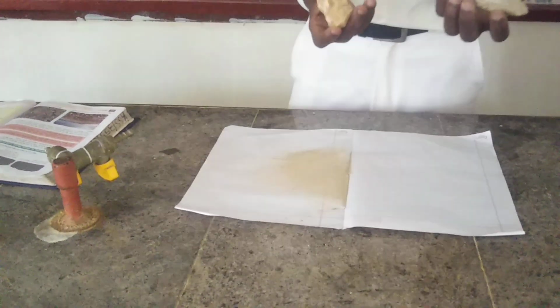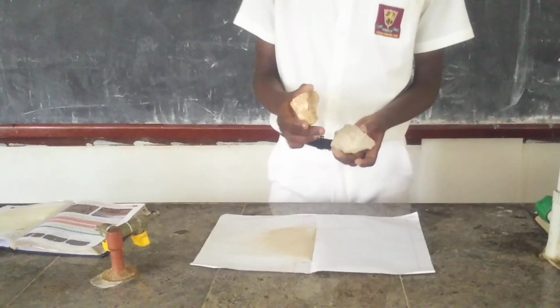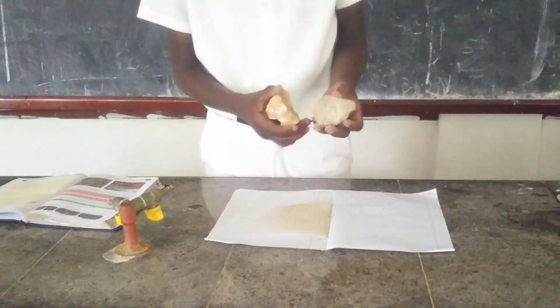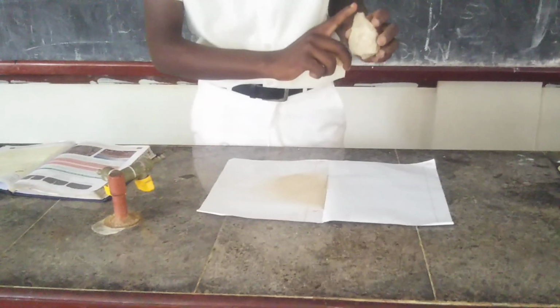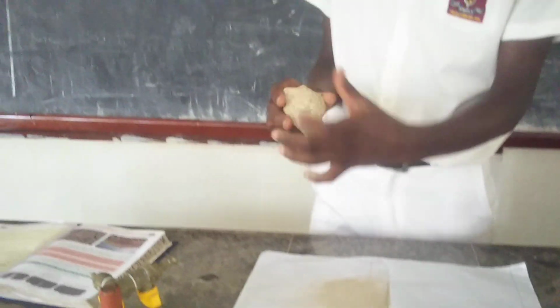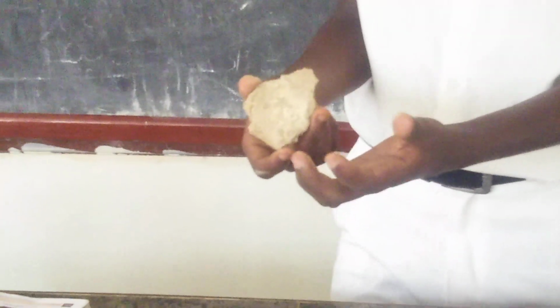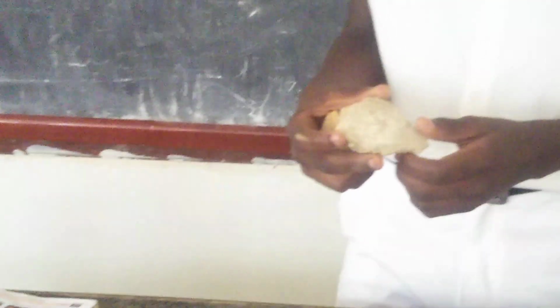That is the soft stone, and the hard stone. If you look closely at this soft stone, it was flat, but it has now changed. It was a bit like a wide road, but after rubbing, it has reduced in size.